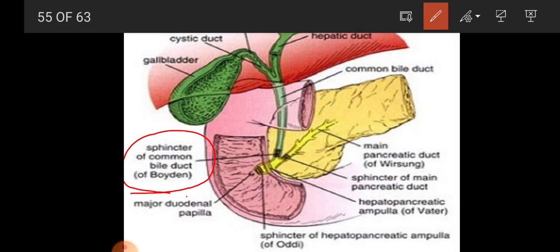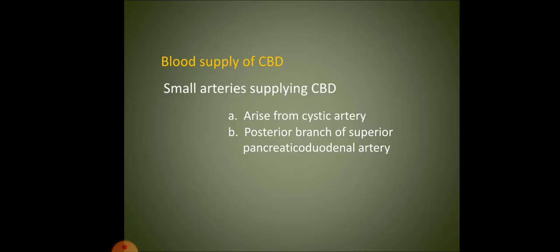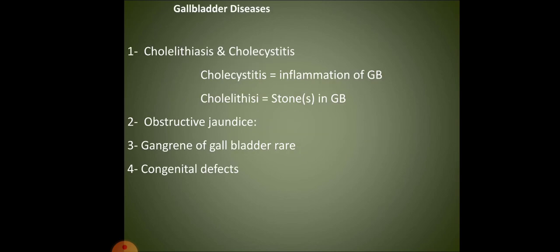Then at the end of the pancreatic duct, we have sphincter pancreaticus. Then at the end of this ampulla of Vater, we have sphincter of Oddi, the sphincter of hepatopancreatic ampulla. Now the blood supply. It is supplied by the branches from cystic artery, posterior branch of superior pancreaticoduodenal artery.